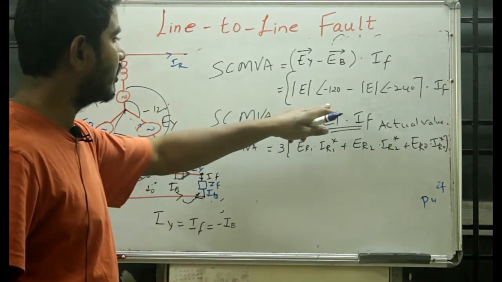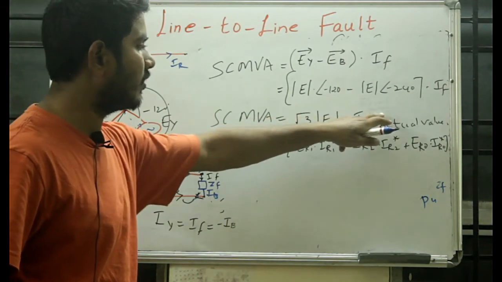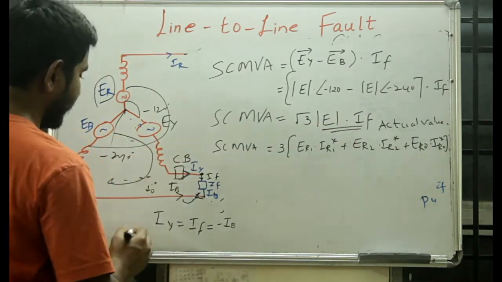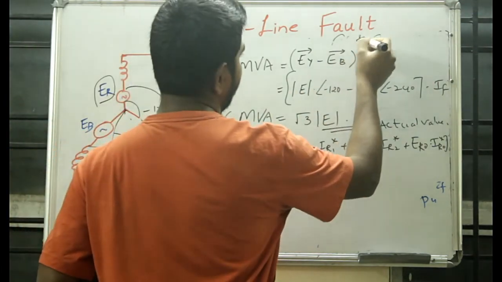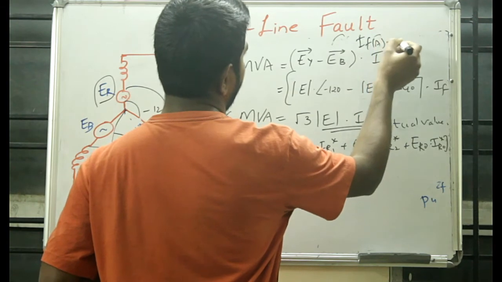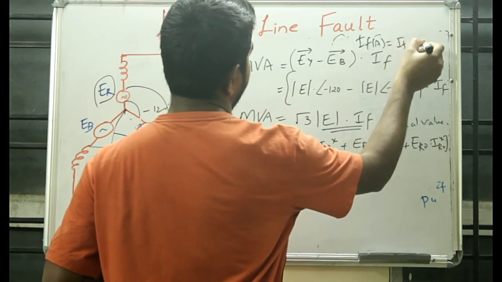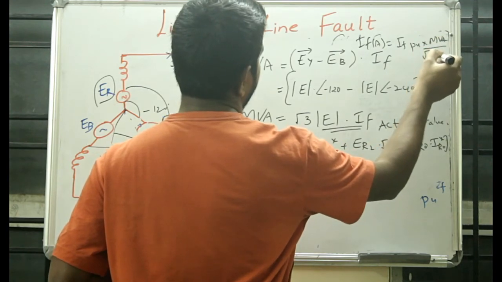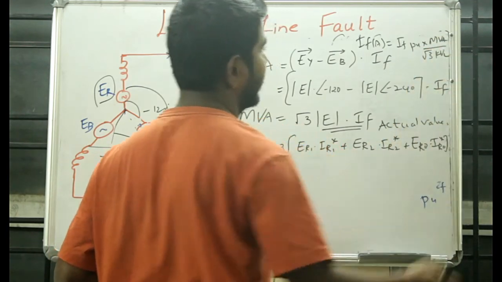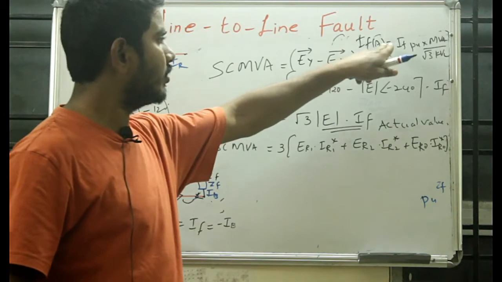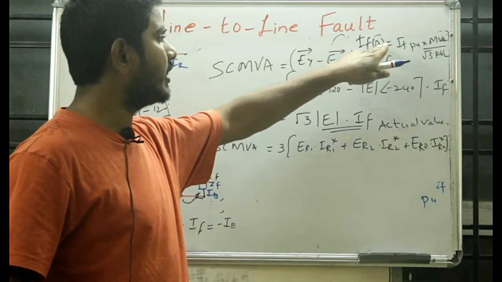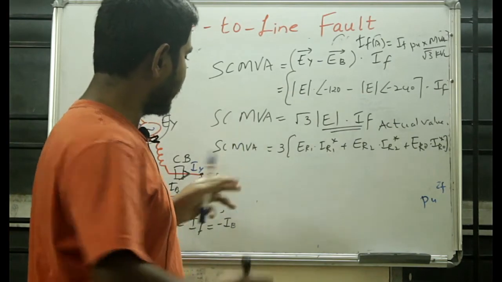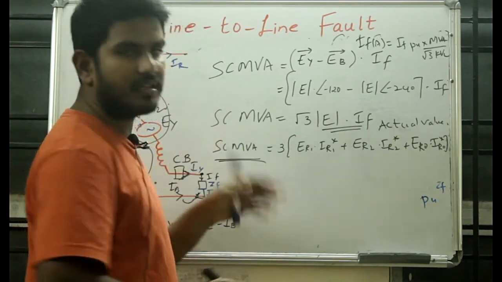This is your phase voltage E, this is the fault current in actual value, and your IF actual, in amperes, can be found by IF per unit into MVA upon root 3 KVL, that is line voltage. From here you can find IF in actual. You can substitute here. This will be your short circuit MVA in the other method.